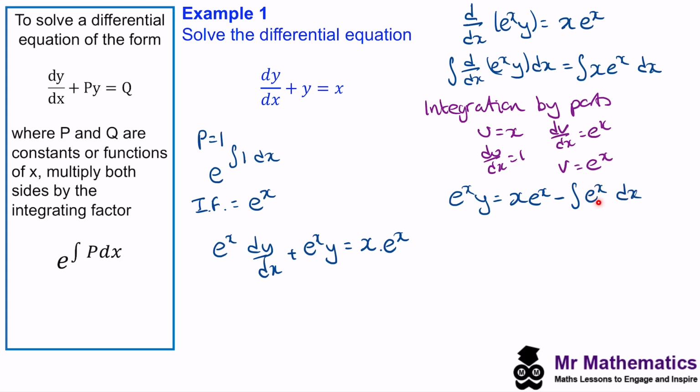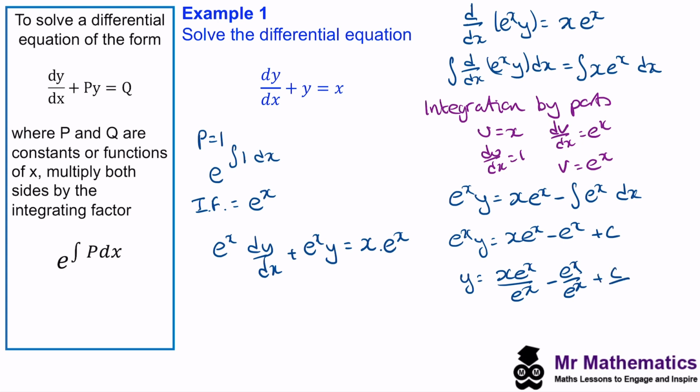This will integrate onto itself, so we have e to the x y is equal to x e to the x minus e to the x plus the constant of integration. Now to work out y, we need to divide everything by e to the x. So y will equal x e to the x over e to the x, minus e to the x divided by itself, plus c over e to the x.